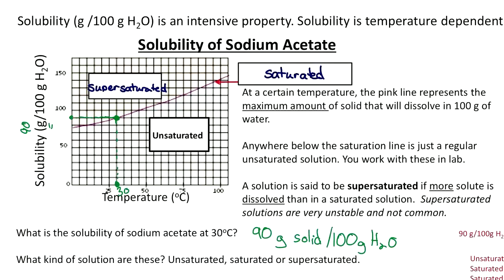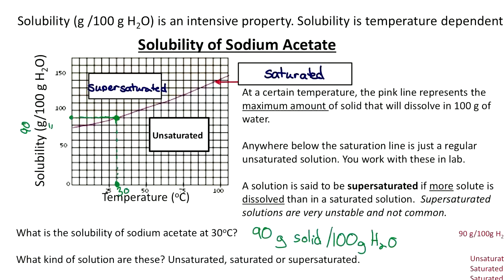For fun, because you guys are my second class, so I get to fix mistakes that I did in my first class. So we just said the solubility of this solid is 90 grams in 100 grams of water, but how much solid could we dissolve in 50 grams of water? Also 90? No. What's the max 50 grams of water can hold? 45, yeah.